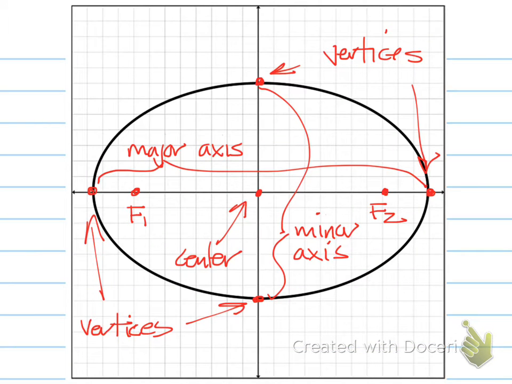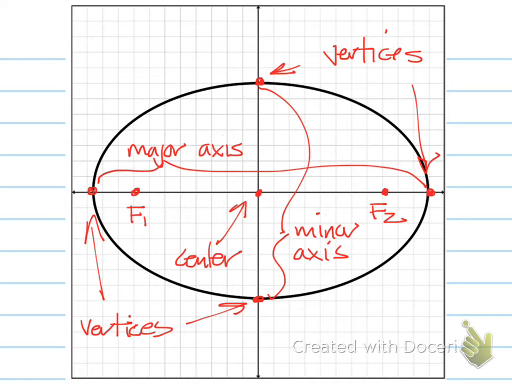Some important parts of the ellipse are the vertices. The vertices are at the end of the major axis. Covertices are at the ends of the minor axis. And the center is the midpoint between both of those axes.